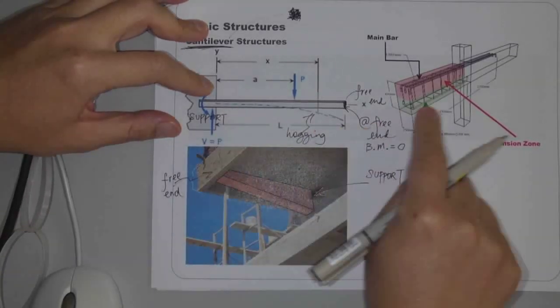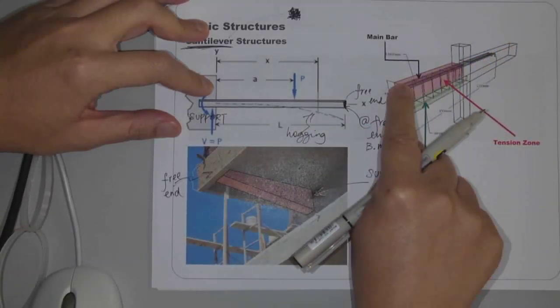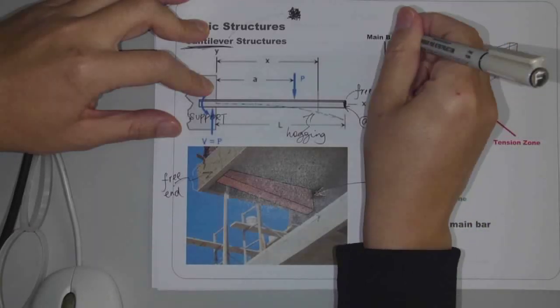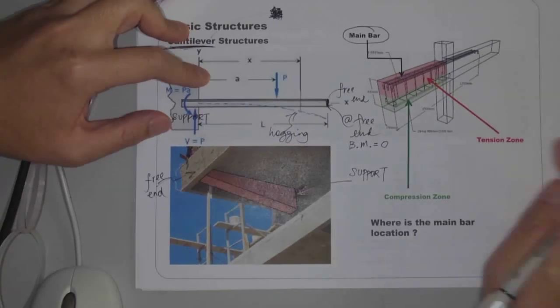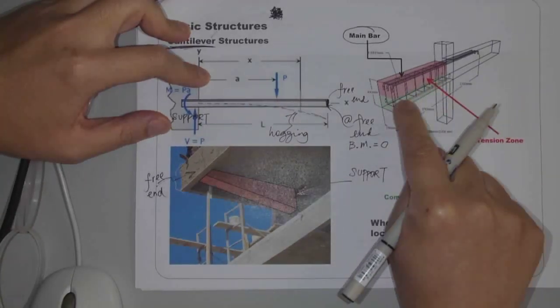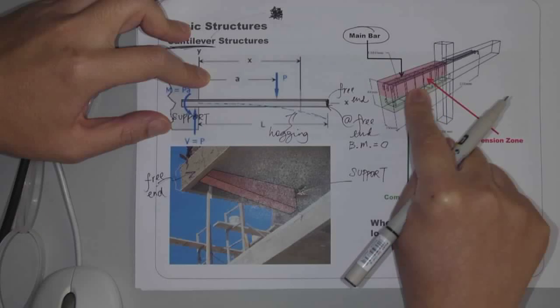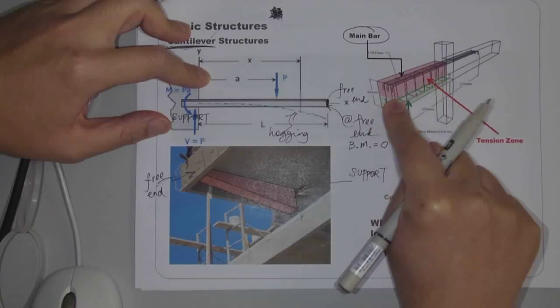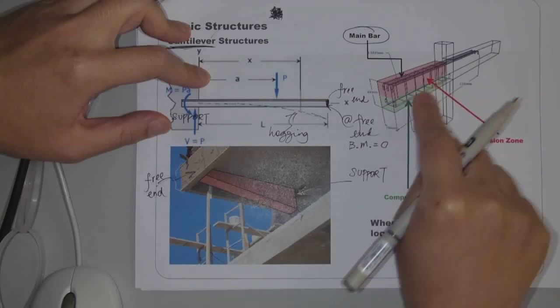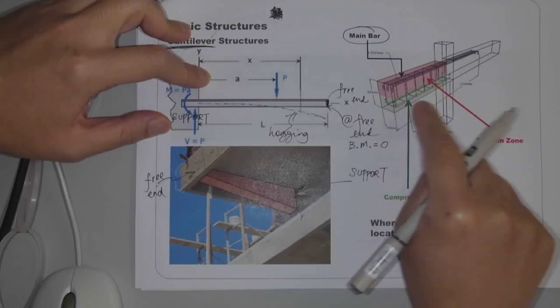If it is in hogging, the top surface is in tension. That's where you should put your main bars. The bottom side is the compression zone. The bottom half is in compression, so you don't need reinforcement for bending, but you do need reinforcement for other purposes.